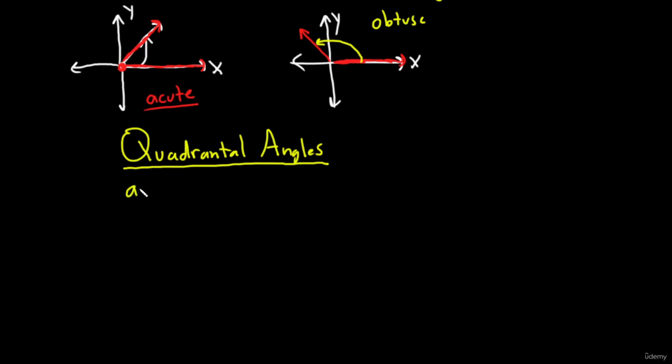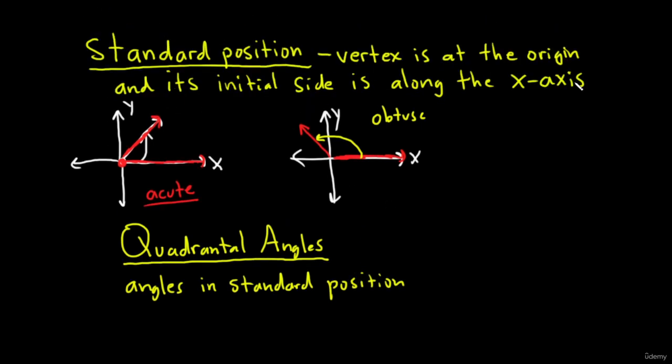So these are angles in standard position. That means that their vertex is at the origin and that their initial side, right, is along the x-axis.